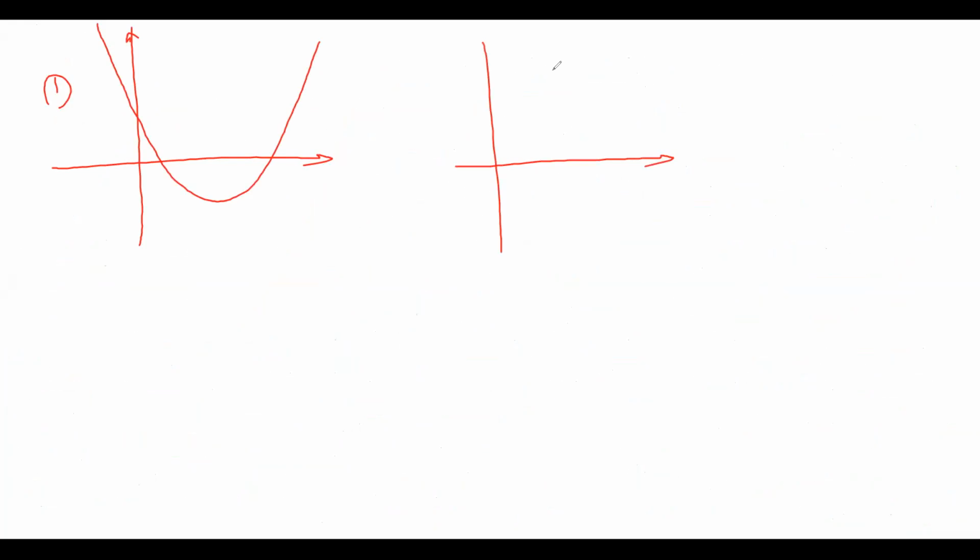Firstly, the parabola has this kind of curve. The second one you may see is like this: the parabola touches the x-axis at only one point.